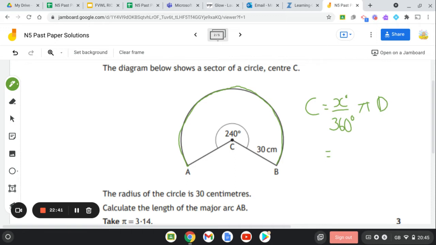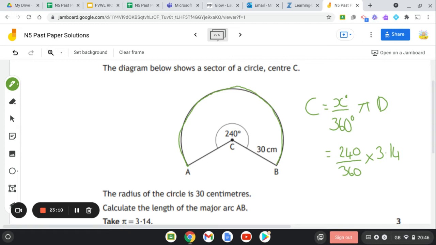The x is to do with your angle size within the sector, and in this case it's 240, so 240 divided by 360 times, because they have asked you to do this without a calculator, they've told you to take pi as being 3.14, and then you want to times by the diameter.